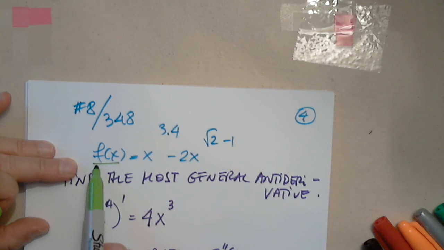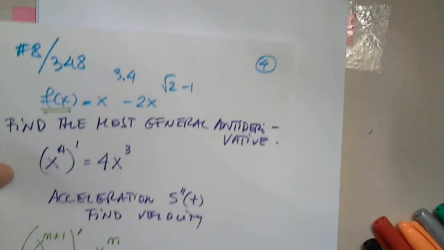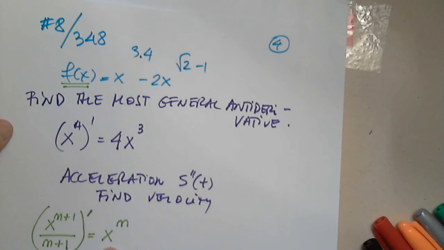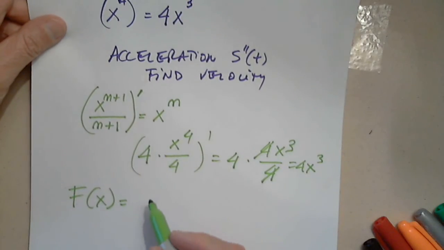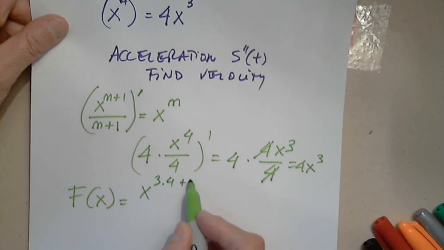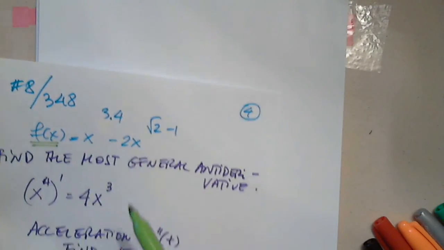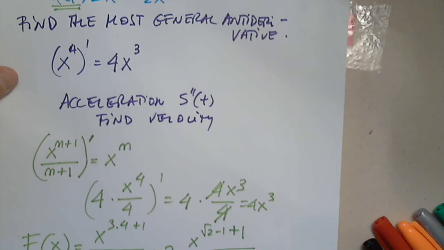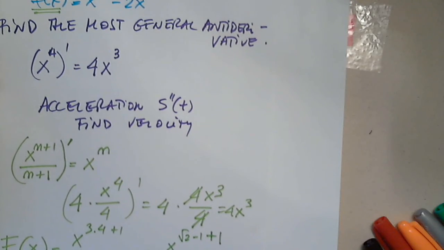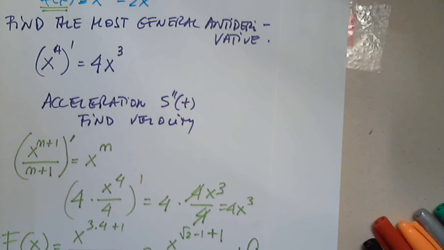So this is the procedure we have to apply for determining the antiderivative. Since the function is denoted by lowercase f, we use the notation uppercase F, and we apply this procedure twice, going backwards. So x to 3.4 plus 1 over 3.4 plus 1, minus 2 x to the square root of 2 minus 1 plus 1 over the square root of 2 minus 1 plus 1, plus a constant c.